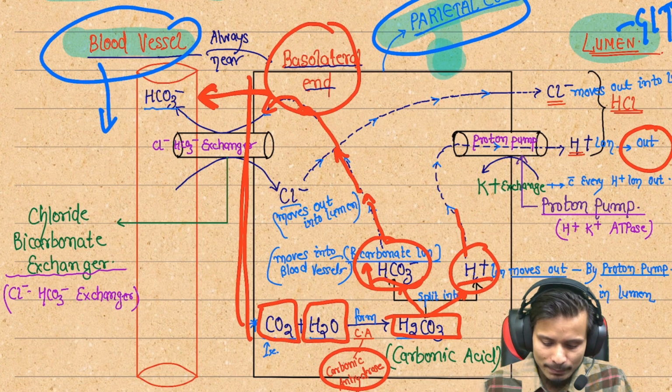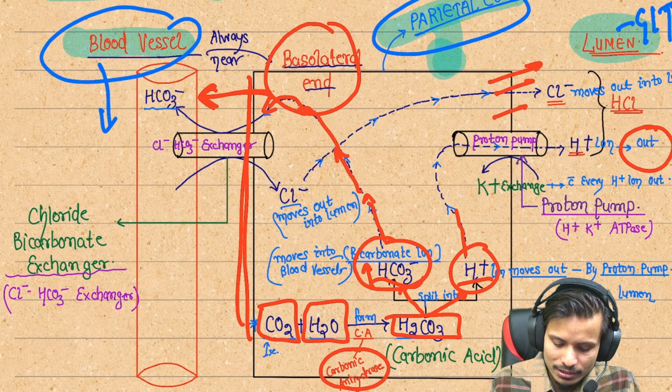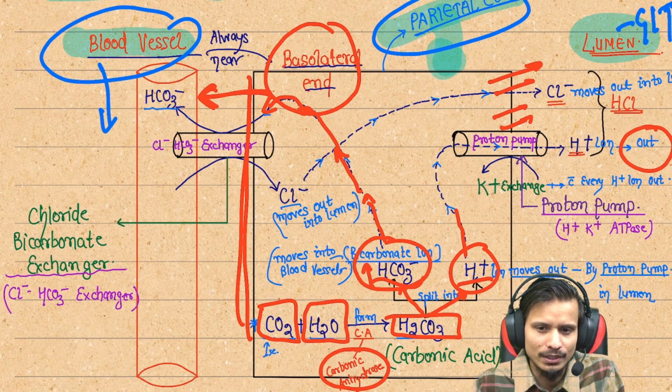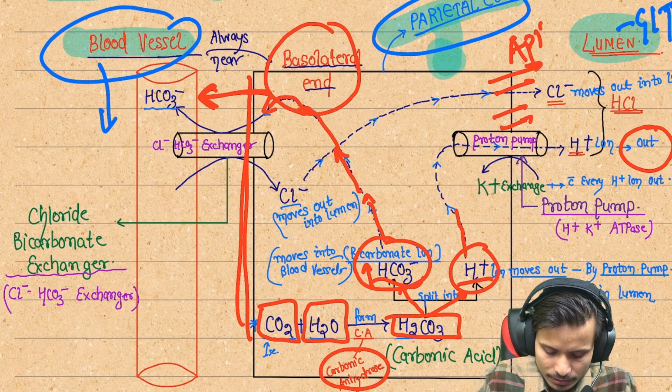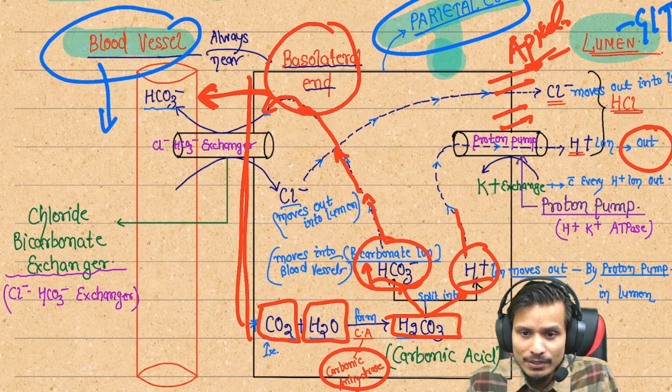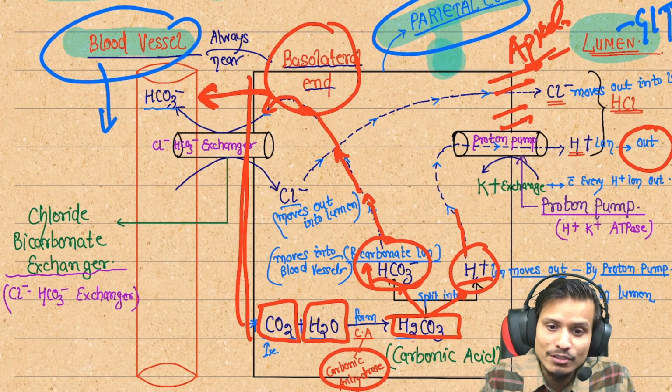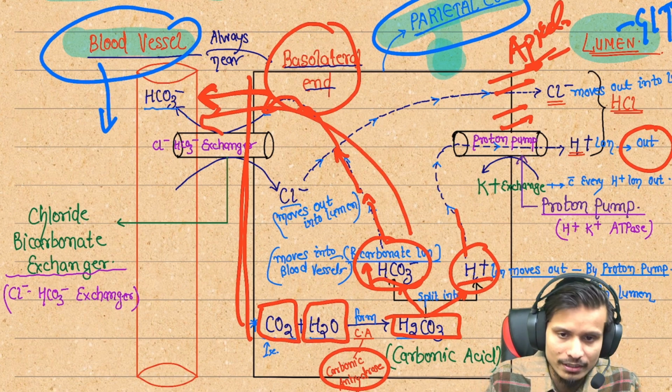What is the apical end? The apical end is always exposed to some area, some lumen. Simple. That is the apical end. So H plus is moving towards the apical end, but the H2CO3 is moving towards the basolateral end. We can see the basolateral end.